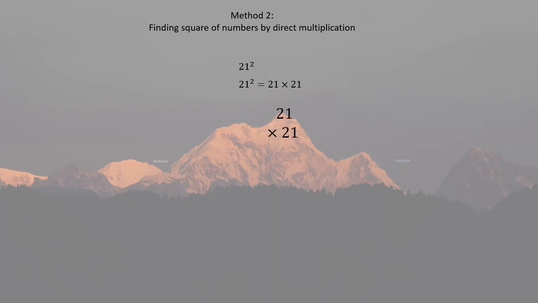So 21 into 21. 1 times 21 is 21, and 2 times 21 is 42. So when we add these numbers, 21 and 42, we get 441. You very well know about this, and you can do it very easily also. So the square of 21 is 441. We also got the same number using algebraic identity.